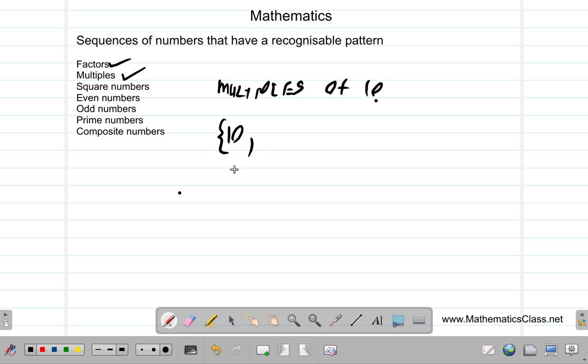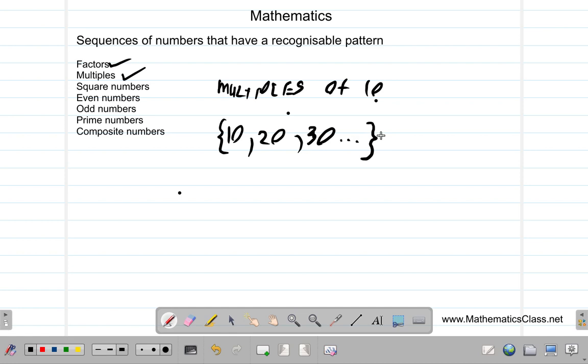The next number that 10 can go into is 20. 10 can go into 20 without leaving a remainder. Next, 30 and so on and so forth. But you can't write them all, so we just put some dots and say go on and on. So those are multiples.